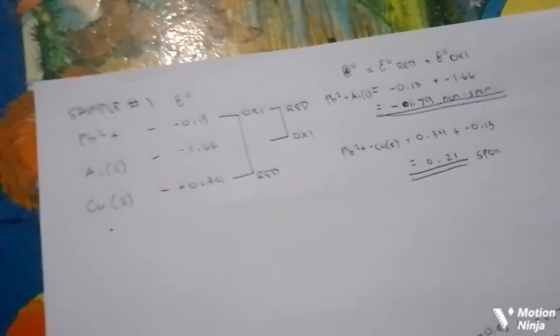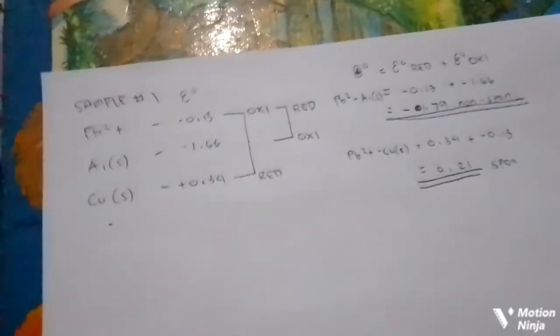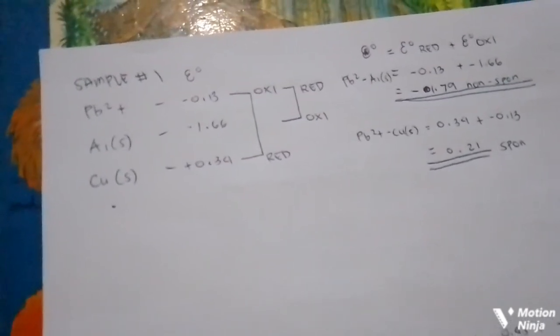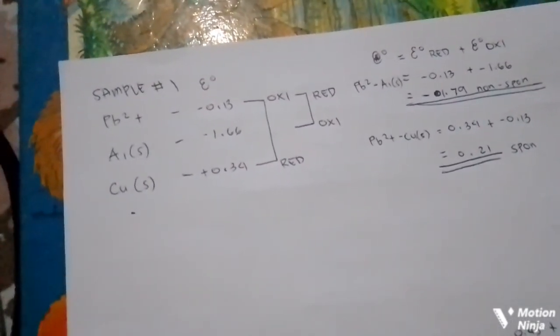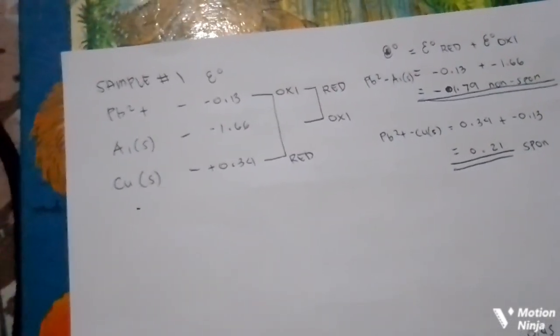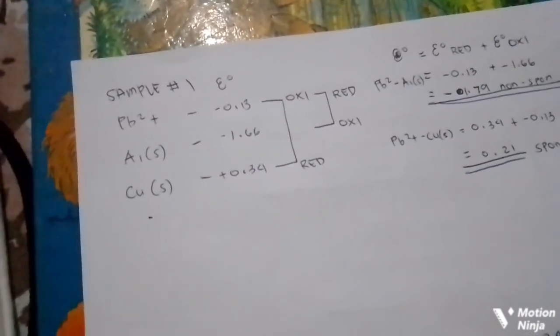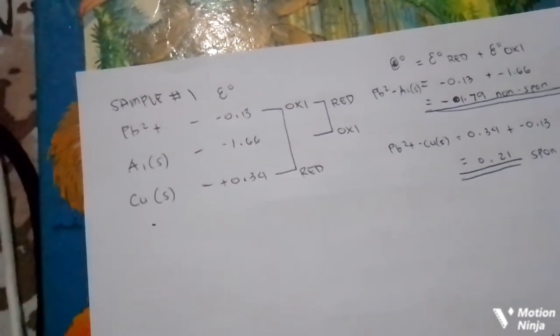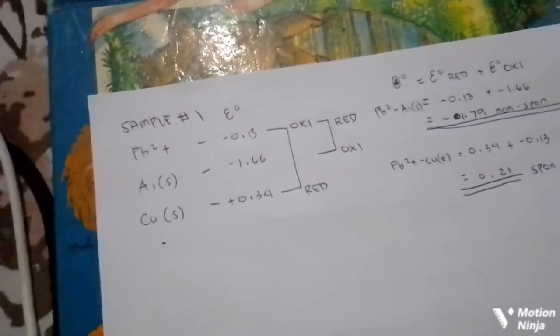So here, guys, is the calculation for the sample on the spontaneity of redox reactions. The sample problem is: predict whether or not Pb2 plus can oxidize Al solid or copper solid under standard state conditions, and calculate E cell for each reaction at 25 degrees.